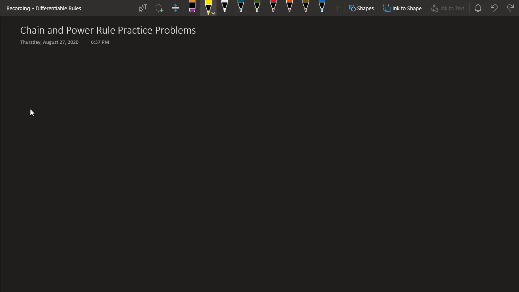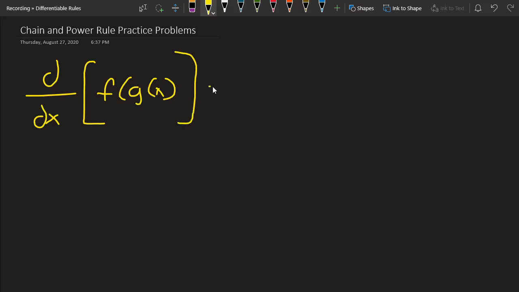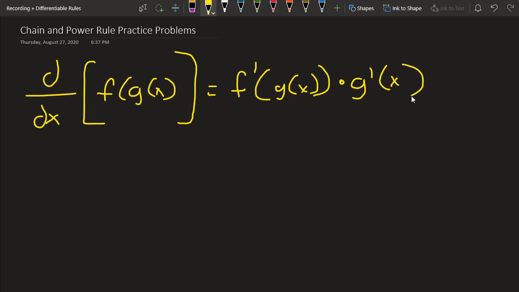So for the chain rule, let's say we're asked to find the derivative of f of g of x. In order to find this derivative, it would just be f prime of g of x times g prime of x.